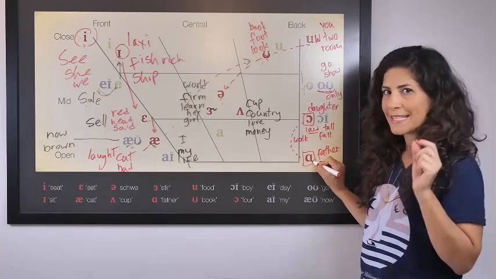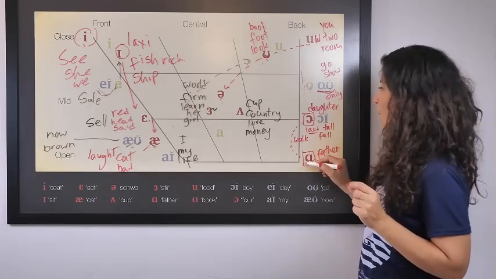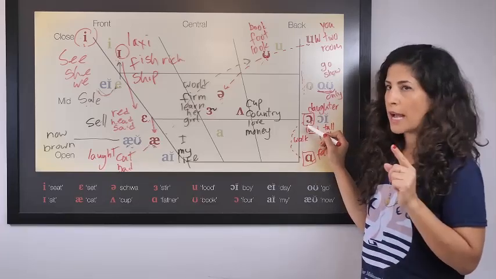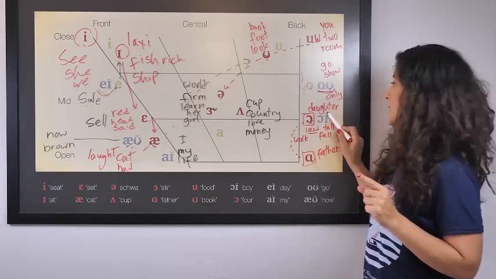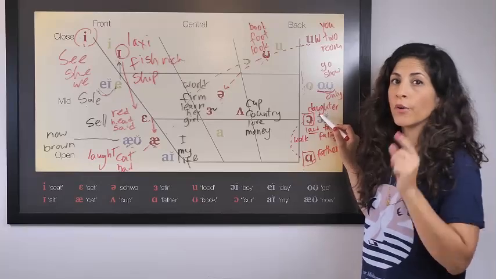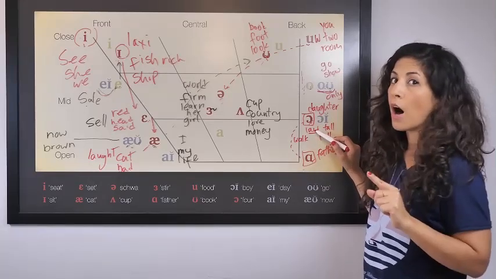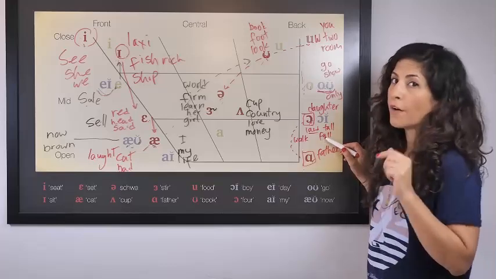I'll talk about this one in a sec, but in the meantime, let's talk about the merge. So in some dialects, this aw sound will be pronounced as ah. So instead of daughter, you'll hear daughter. Instead of law, you'll hear law. Fall, fall, right?